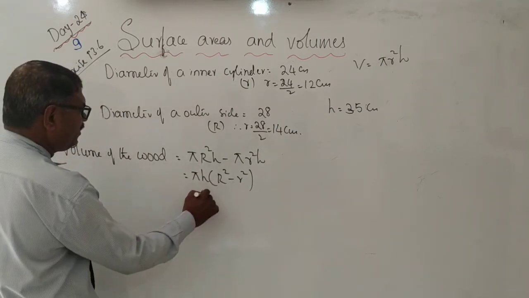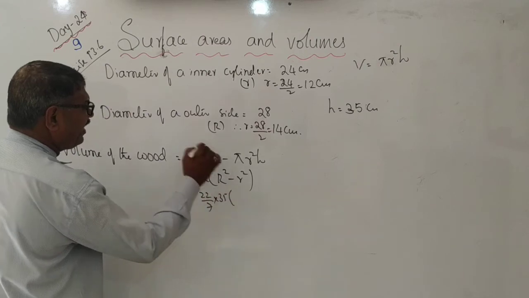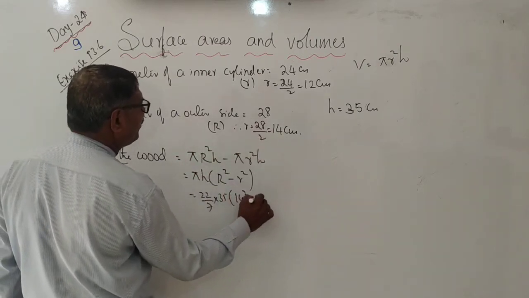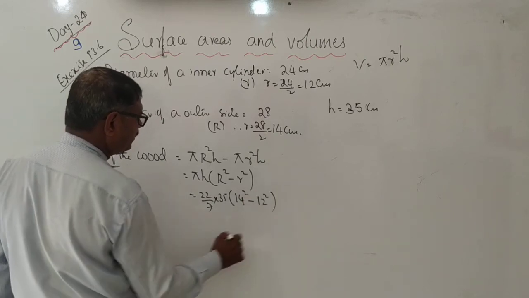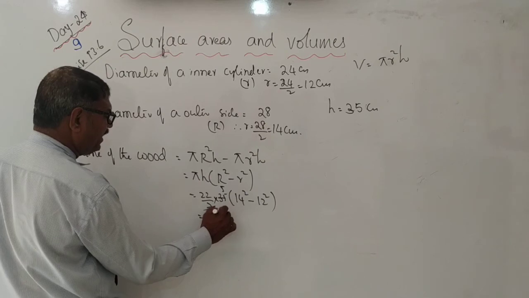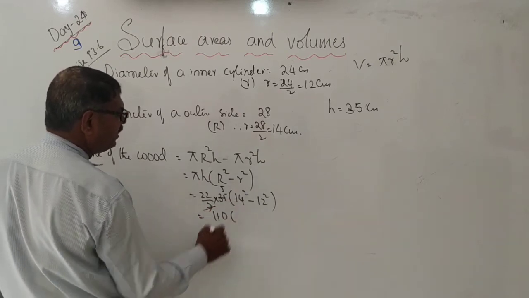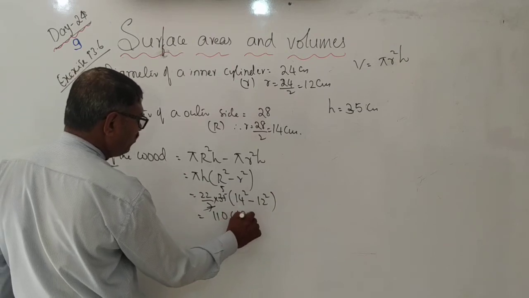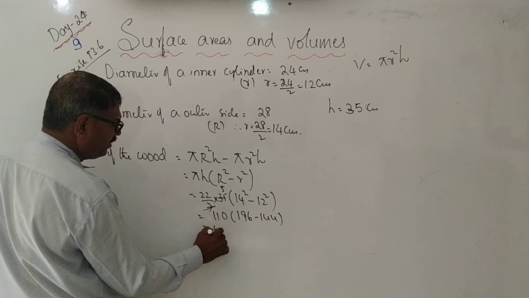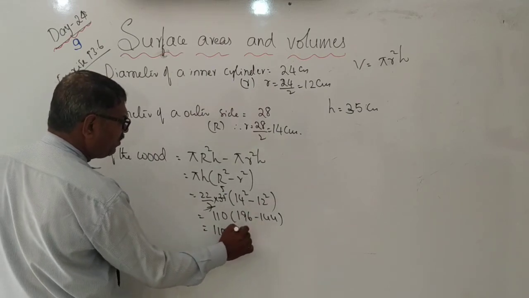Pi is 22 by 7 into 35, into 14 square minus 12 square. So 7 5s are 35, 5 2s are 10, 5 2s are 10 plus 1 is 11, into 14 square minus 12 square is 196 minus 144. So it is nothing but 110 into 52.